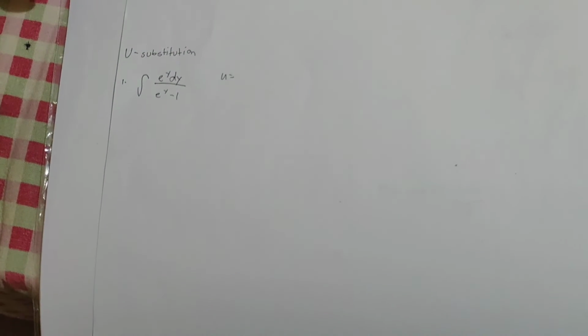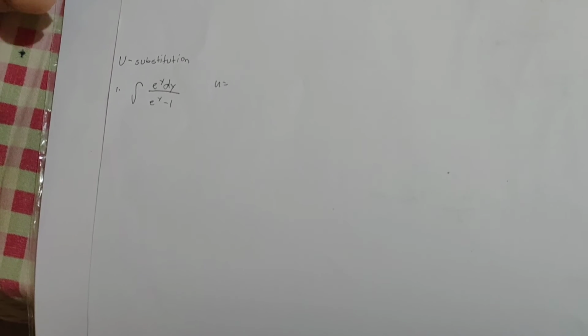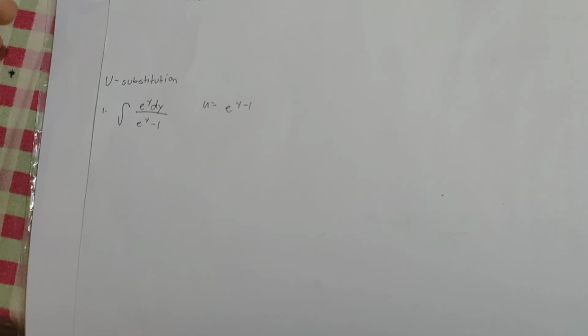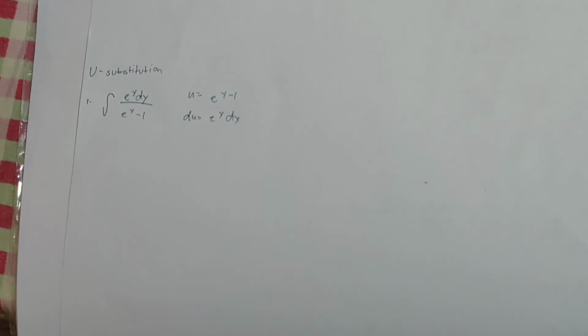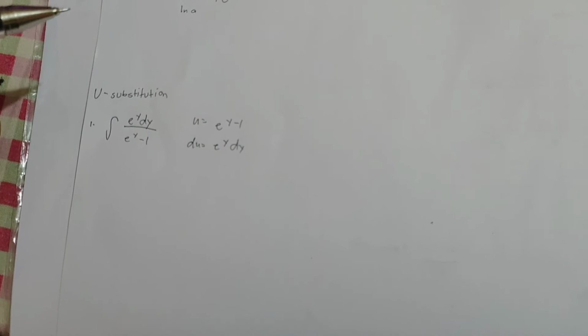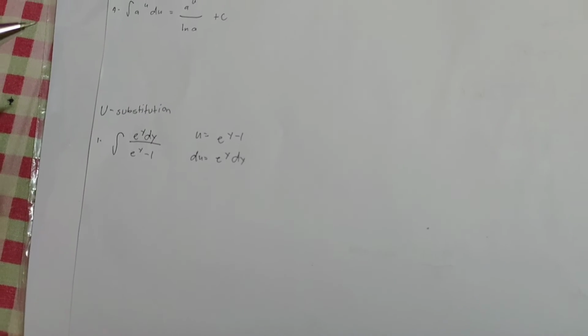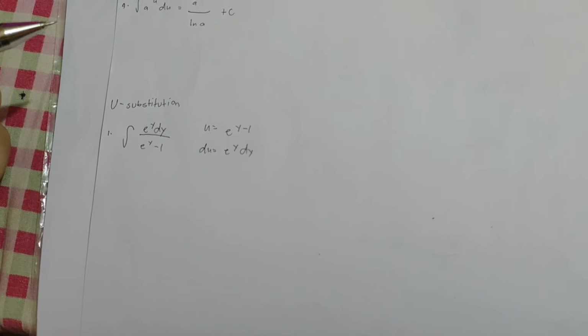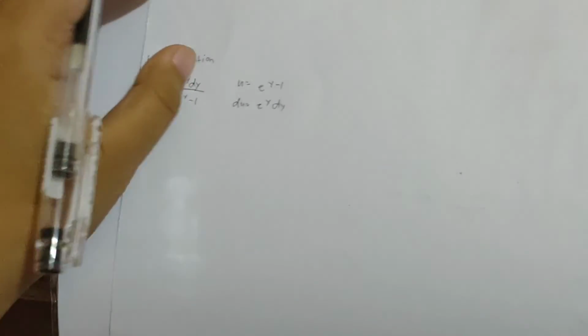Let's assign our u value. Our u here is our denominator, which is e raised to y minus 1. The du should be the derivative of our u, which is e raised to y dy. We don't need any balancing factor here since our u and du comply with all we need in this problem.